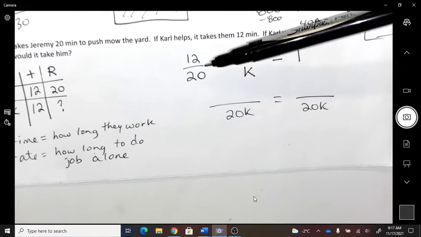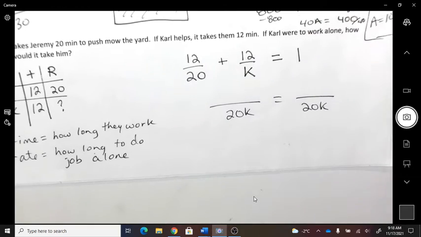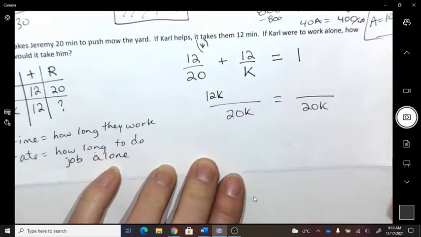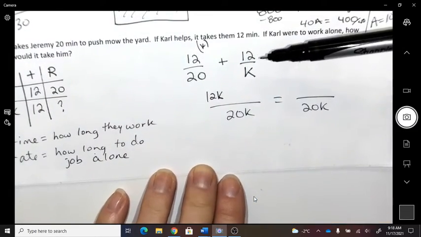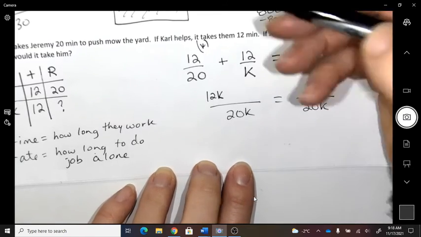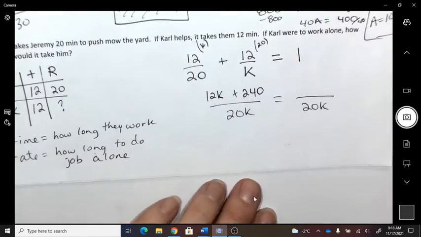Okay, first fraction, this would have to get multiplied by a K. Second fraction, that would have to get multiplied by a 20. So that's 240.